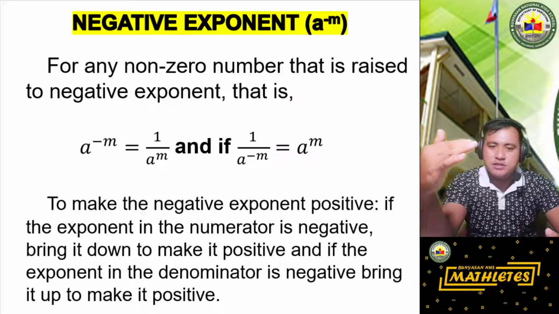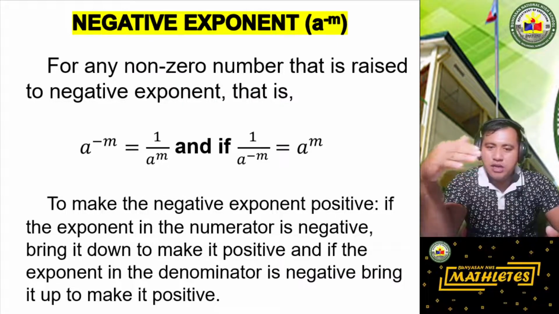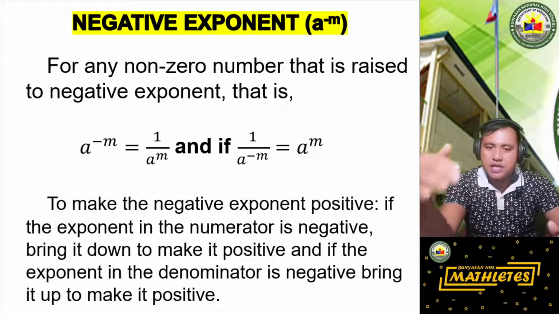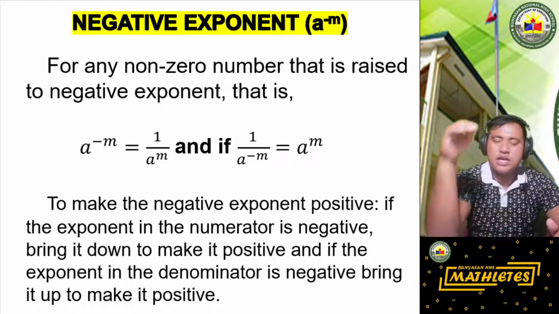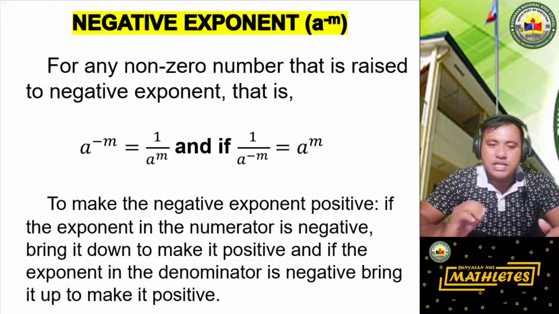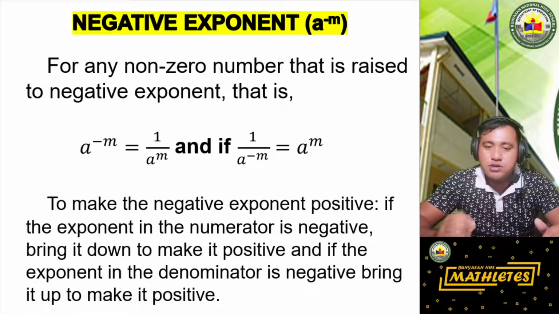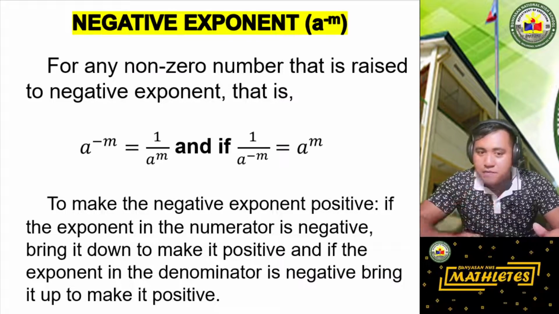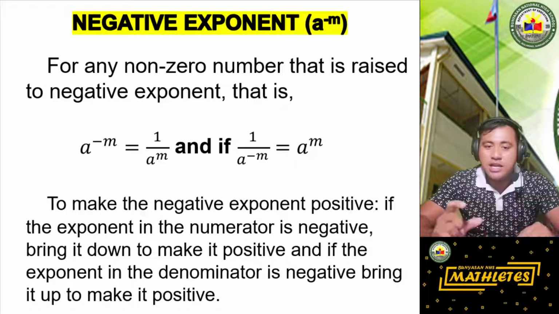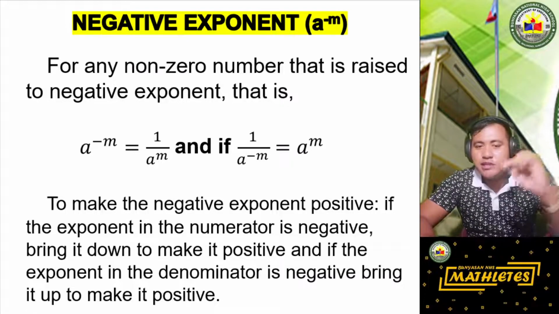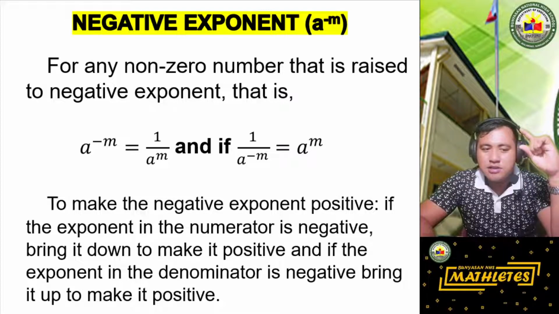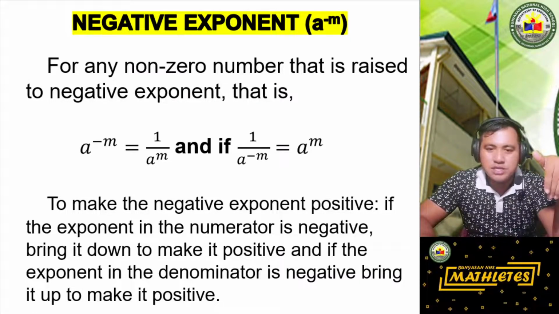Ibig sabihin, my own definition is that when a number has a negative exponent, that means that certain number is not in its right position or right place. So, kailangang ilipat. Dalawa lang ang lilipatan: numerator and denominator. Kung nasa numerator siya, tapos negative exponent, ilipat siya sa denominator. You have to bring it down to make it positive.